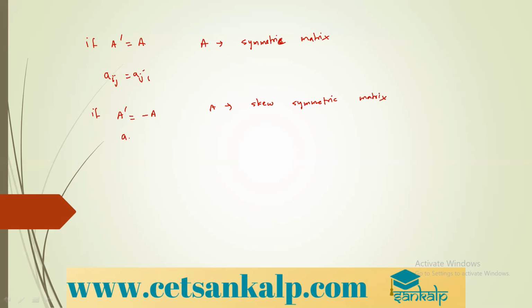That means Aij will be equal to minus Aji. In a skew symmetric matrix, the diagonal elements will be 0. That means Aij will be 0 for i equal to j in a skew symmetric matrix.